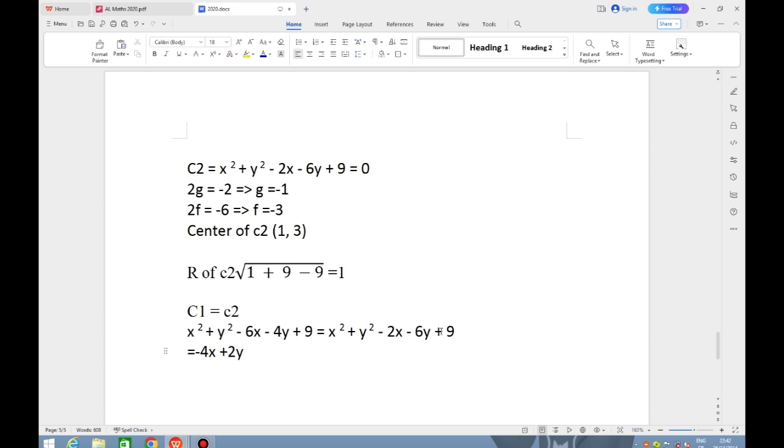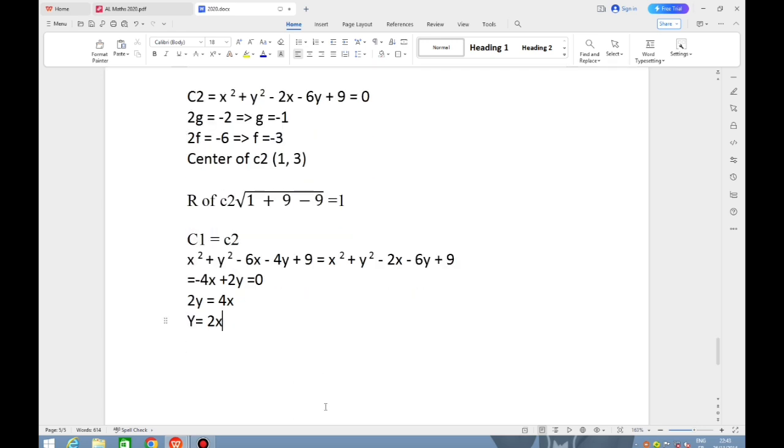And finally, 9 minus 9 is equal to 0. So this can be written as 2y is equal to 4x. Hence y is equal to 2x.